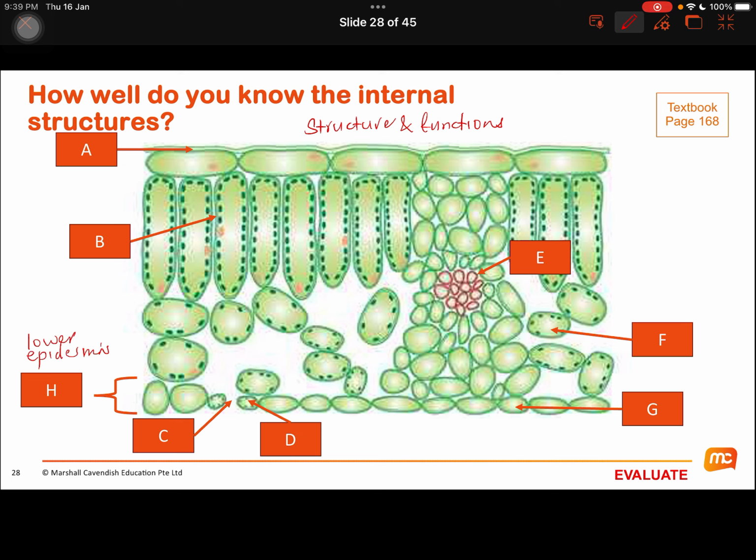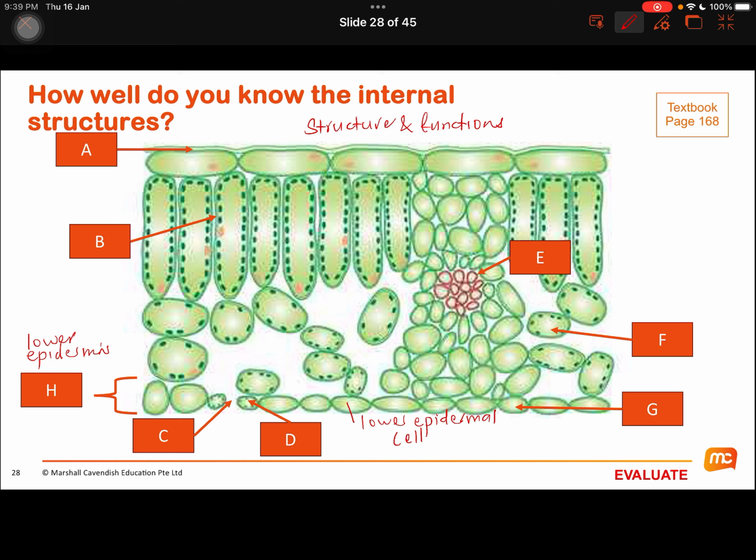Alright, lower epidermis refers to this whole entire layer of cells found at the bottommost layer of the leaf. And if you pay careful attention over here, you will have noticed that the lower epidermal cell, I would like to emphasize the difference between epidermis and epidermal cell right now.